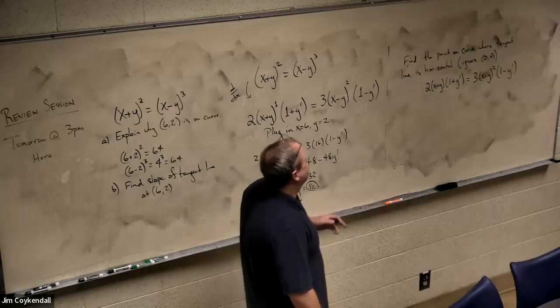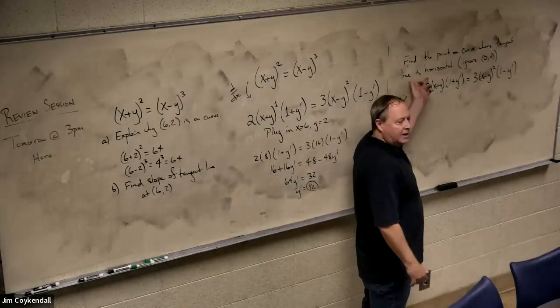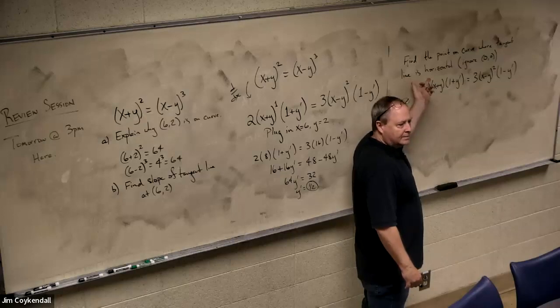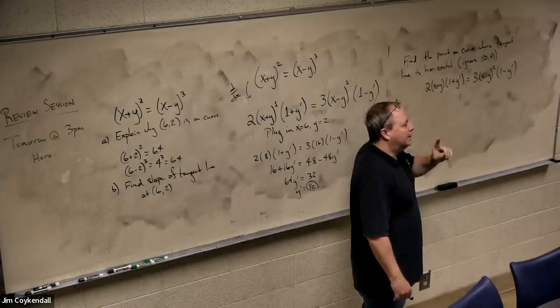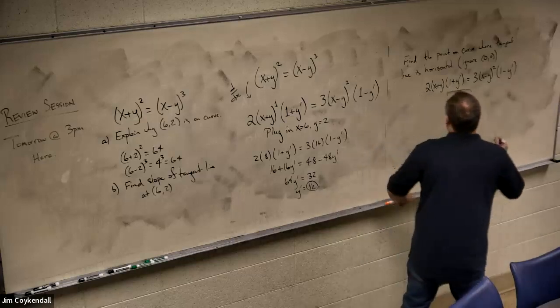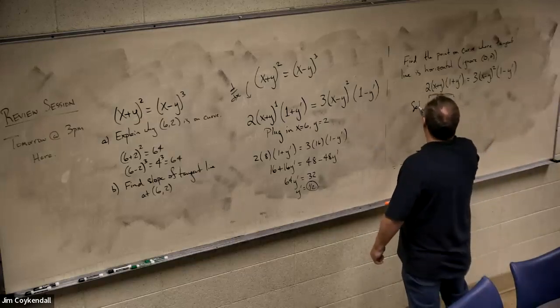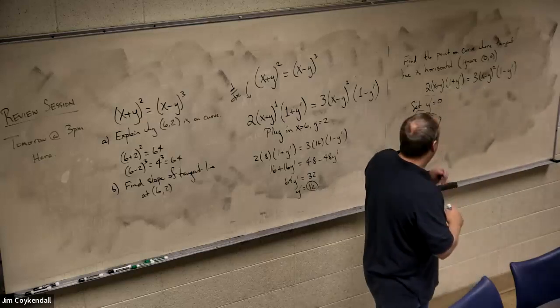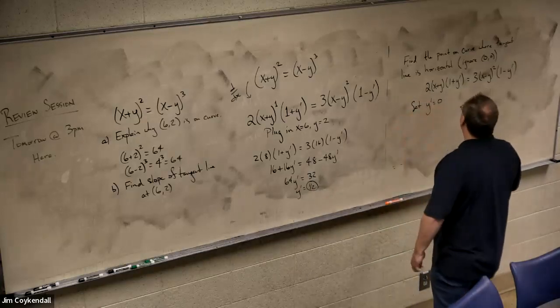What's my goal? The tangent line is horizontal. Not y, y prime. So let's set y prime to 0 and see what happens.